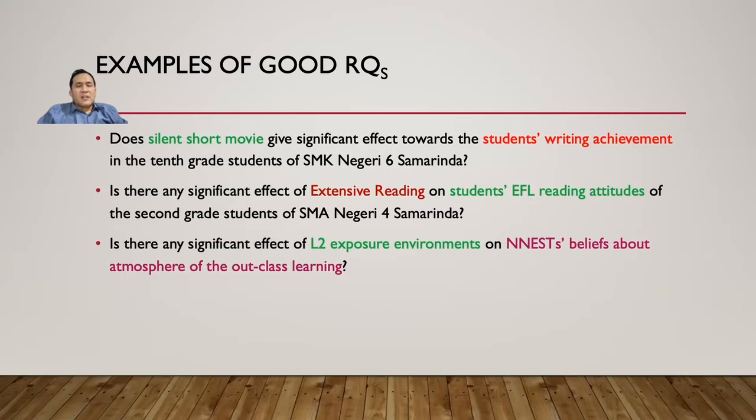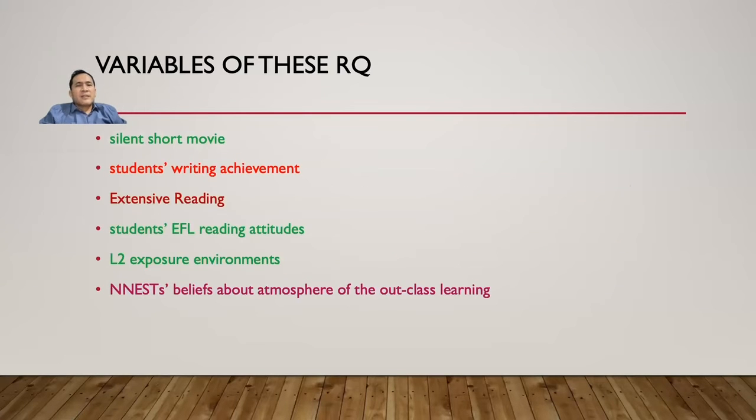So you are very open in this case, whether you use association variables or only one variable, or only ask about the condition of certain variables. But the most important thing in quantitative research is the variable. Later on we have the topic of variables. Okay, next. So these are the variables of those questions.